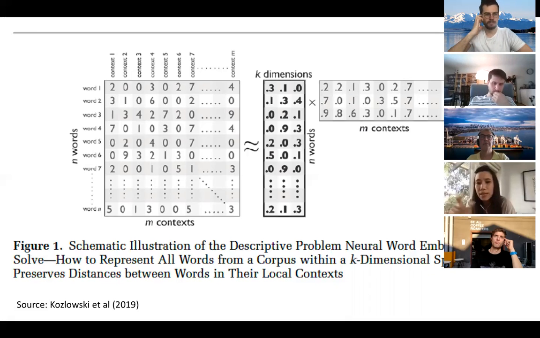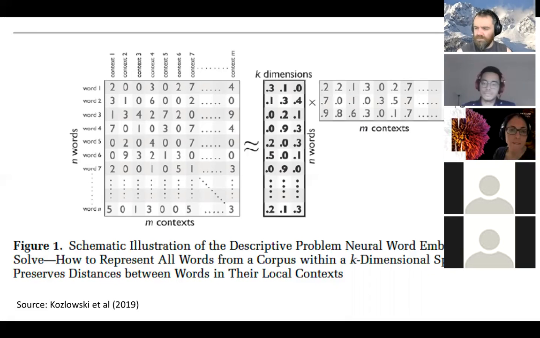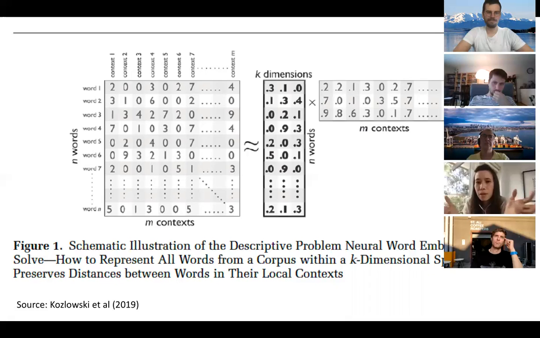But even doing that still gives you a very large number, and so we would like to reduce the dimensionality onto something a bit more manageable. Often, as we'll talk about later, 300 dimensions seems to be what is used. It's a bit of a rule of thumb. It really just depends on your corpus and the nature of the text that you're trying to analyze. But yeah, good question.